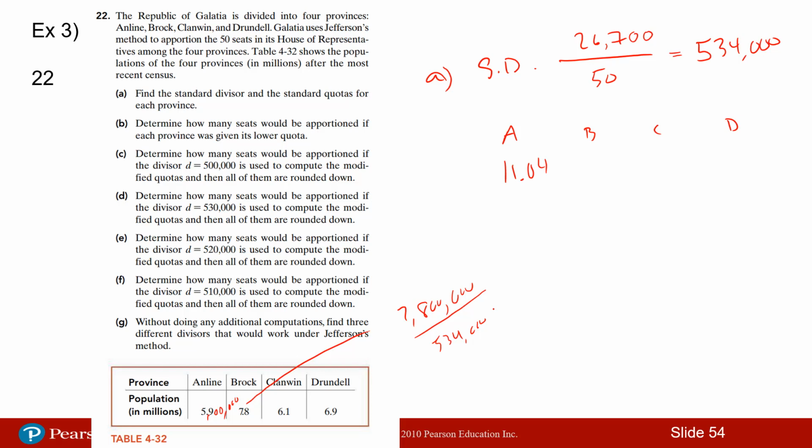It'll be what, 534,100? You're almost there. So 5,900,000 divided by that. Perfect. There it is.